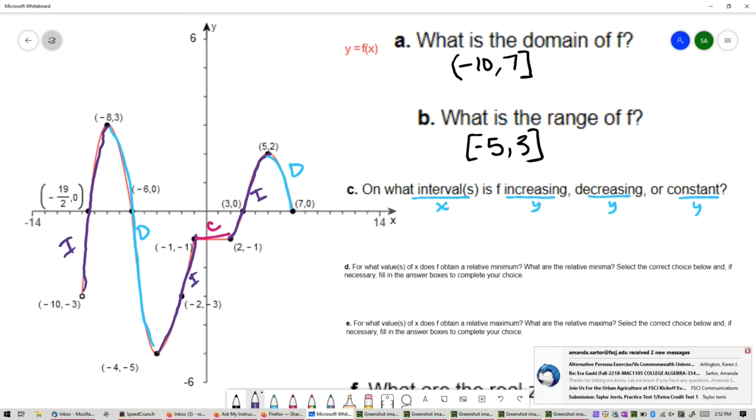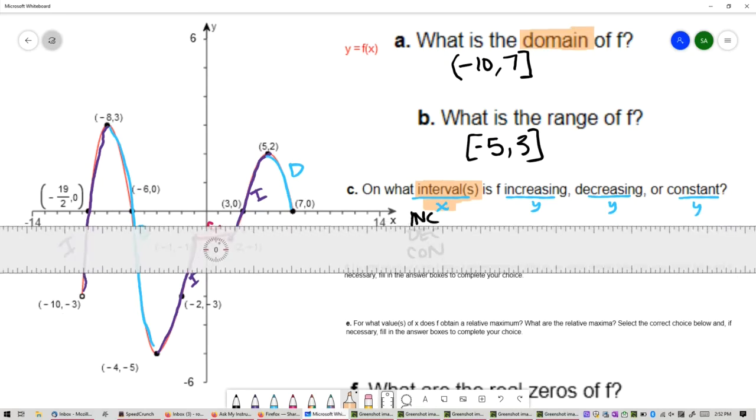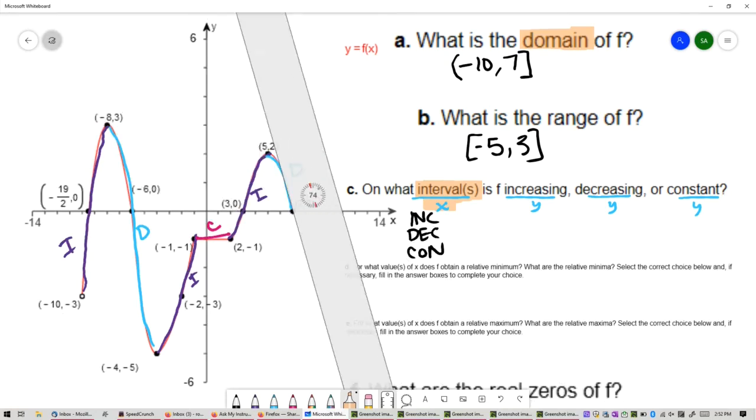And I want to write down the intervals of increasing, decreasing, and constant. Now remember, those intervals are x intervals. So I'm going to do the same thing that I did with the domain. I'm going to take my ruler and hold it vertically because it's going to point to x values.